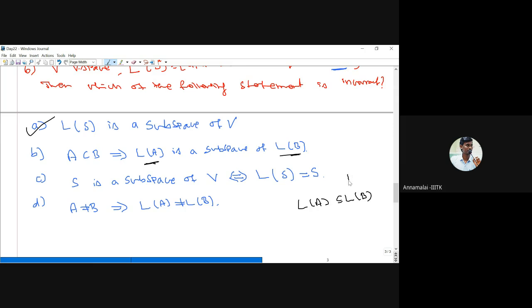What we know is that A is a subset of B is given. Every element of A is a member of B. Now we have to prove that L of A is a subset of L of B. Therefore we start with some arbitrary element.